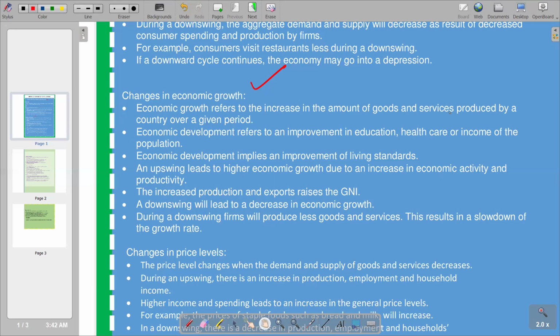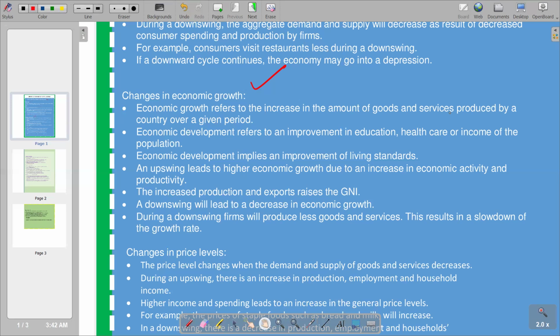When you talk about quantitative, we're talking about the number of goods being produced. If they increase, we say it's a quantitative increase. On the qualitative side, we are talking about the quality of life enjoyed by the people of the country, the level of standards of living. If it goes up, then we say it's a qualitative improvement.